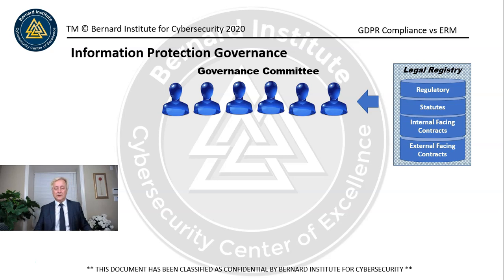This is not always readily available, in my experience. So I work with many lawyers, and I've gone to them and asked them, can you provide a list of the laws and regulations? Most of the time, they're very reluctant to do that for some reason. I'm not sure why. But so we end up building one. It has to be built as part of the cybersecurity program.